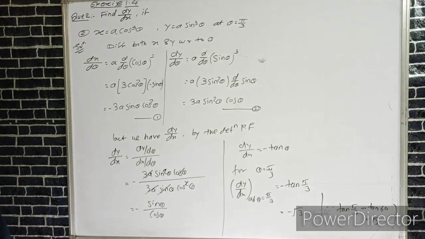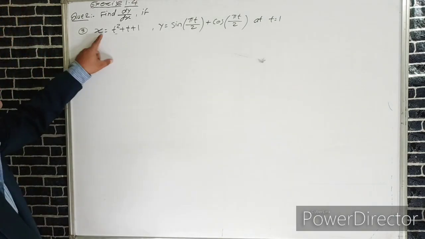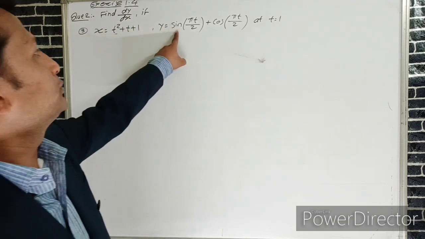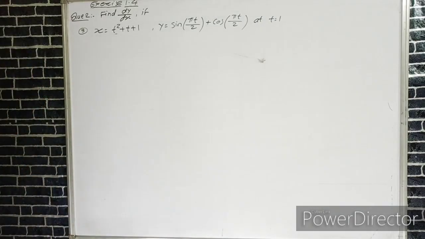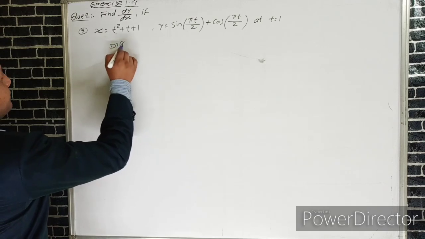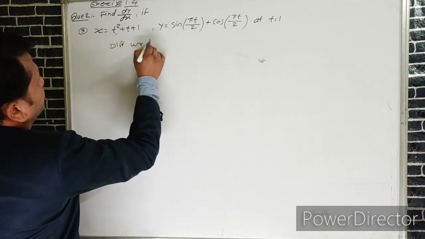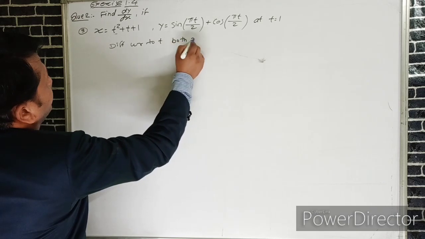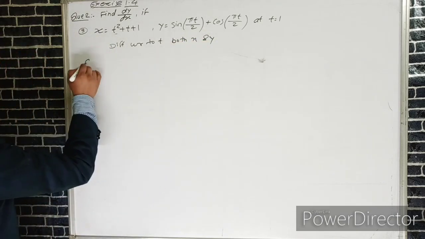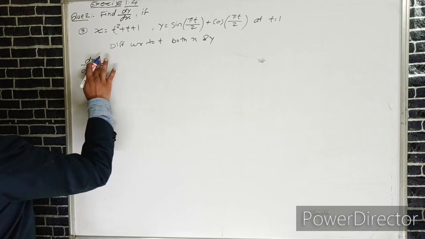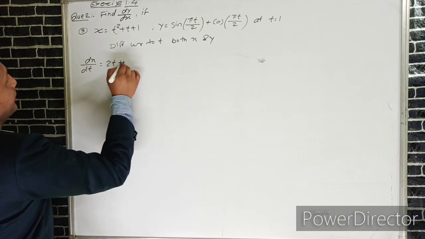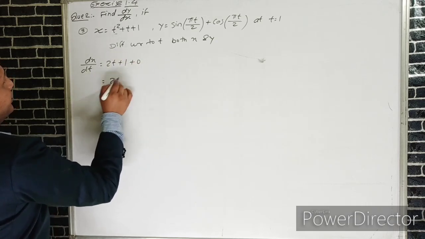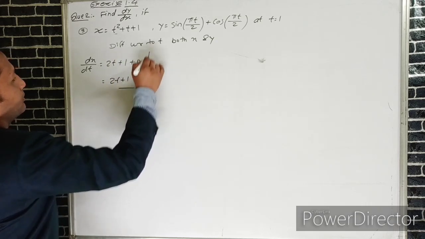Then next again one: x is equal to t square plus t plus 1, and y is equal to sin of pi t upon 2 plus cos of pi t upon 2 at t is equal to 1. Similarly here, if we differentiate both x and y with respect to the parameter t, we can write dx upon dt is equal to derivative of t square is 2t plus derivative of t is 1 plus 0, so we can write 2t plus 1, number 1.